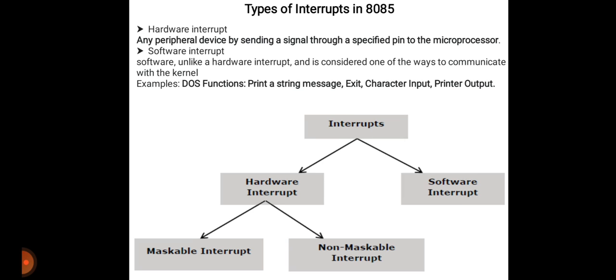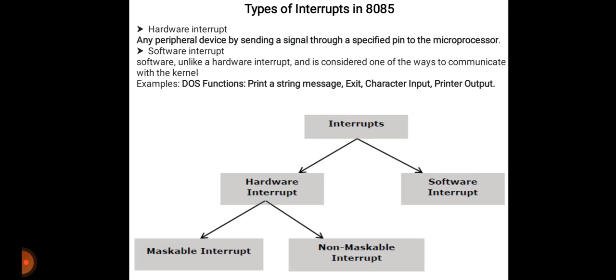The next one is software interrupt. In a software interrupt, the cause of the interrupt is the execution of an instruction. These are special instructions supported by the microprocessor. After execution of this instruction, the microprocessor completes the instruction it is currently executing and transfers the program control to the subroutine program.